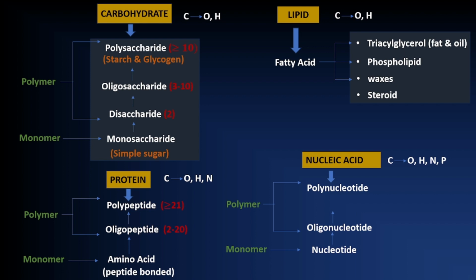Polynucleotide is basically the nucleic acids. There are two nucleic acids, deoxyribonucleic acid, aka DNA, and ribonucleic acid, aka RNA. Nucleic acid basically carry genetic information and help synthesize protein by which living organisms function. Later I will make a separate video on how this nucleic acid work and protein is synthesized.